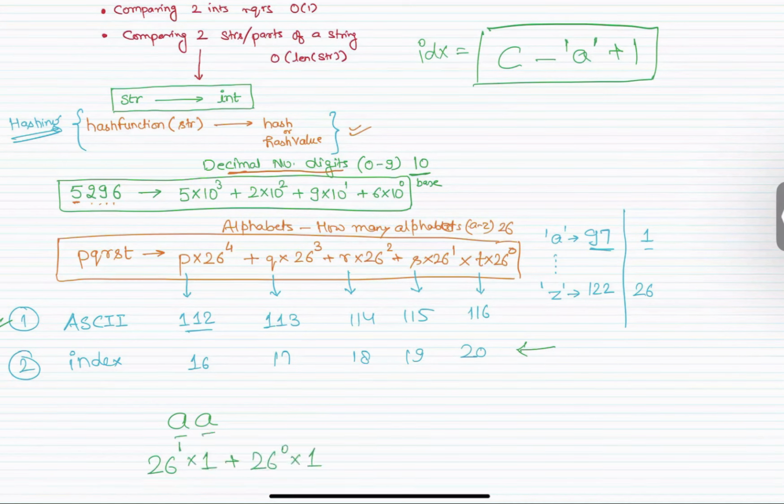For A, I have used the value 1. But for CC, you will say it is 26 to the power 1 into... Only one C. Okay, only one C. Then it will be 26 to the power 0 into 3. Okay. Is it the same? No. It is not the same. See, by definition itself, I don't think we will get collisions over here.